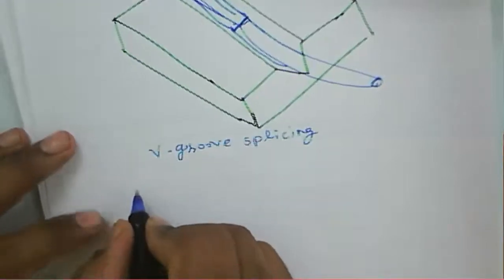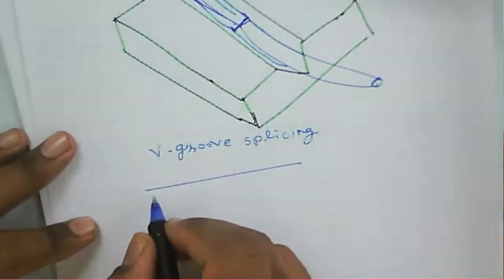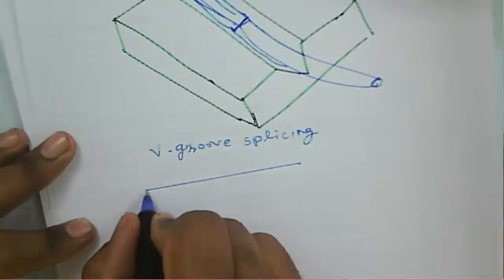Another one is the elastic material, or elastic tube splicing.